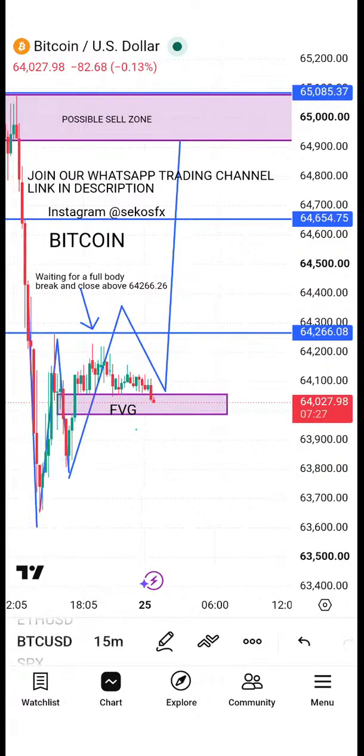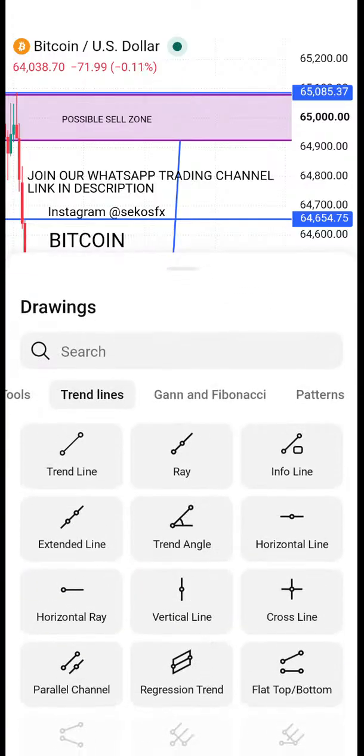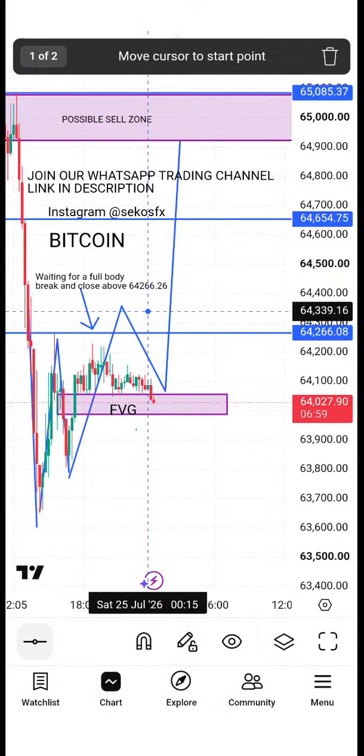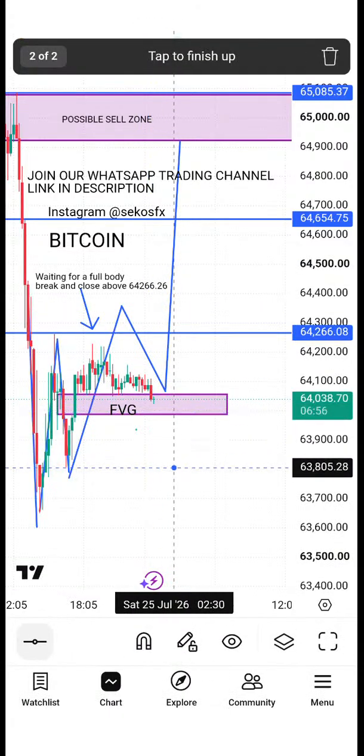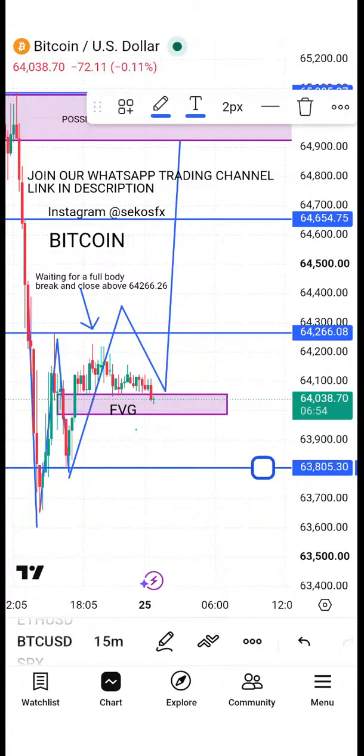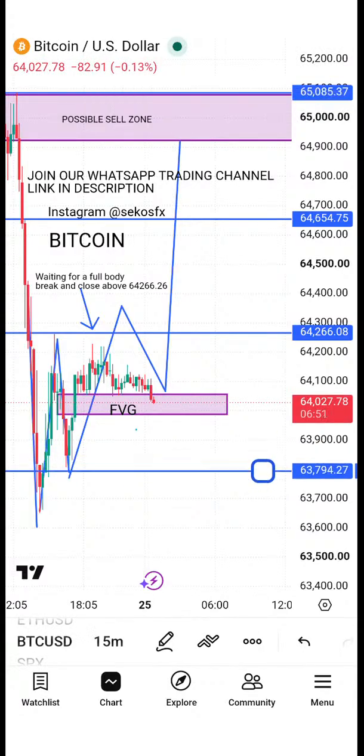You see, the FVG is being tested currently. Copper is saying not respect to FVG, Bitcoin going to 63,800, which is this area. Yeah, I agree. If it breaks below, then we're coming here.